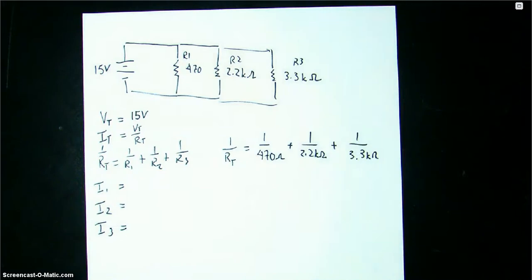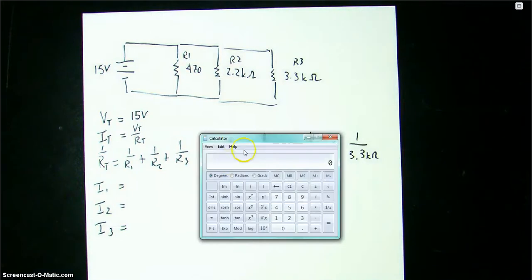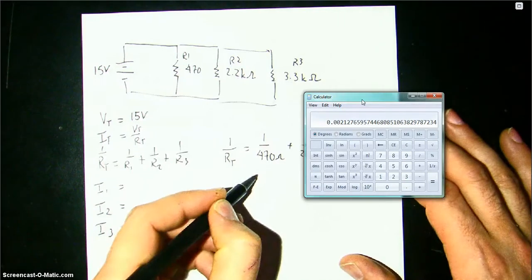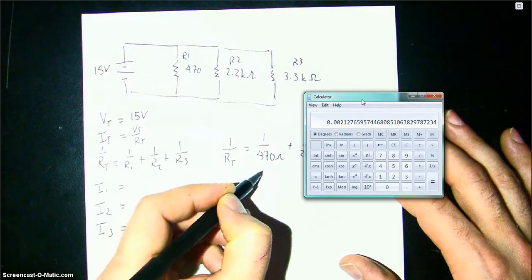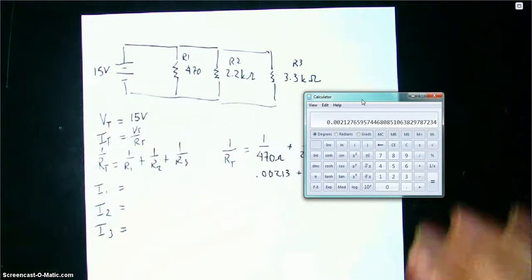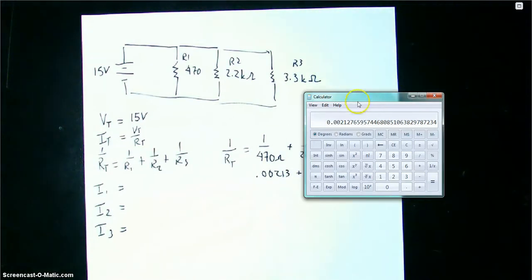And when I put that together, I get 1 divided by 470. If you have a graphing calculator, it usually works out a little better here. You can carry more numbers and get a little more accurate. I'm just going to carry 0.00213.